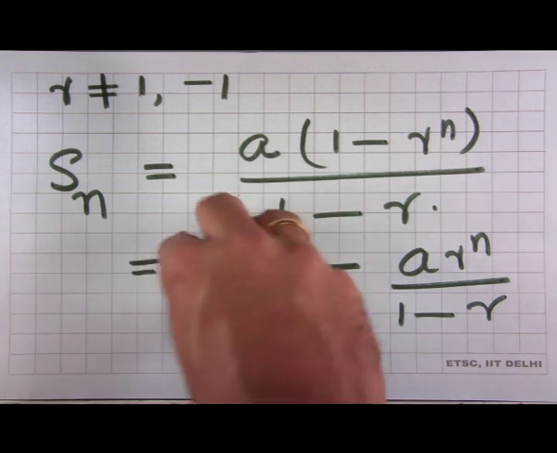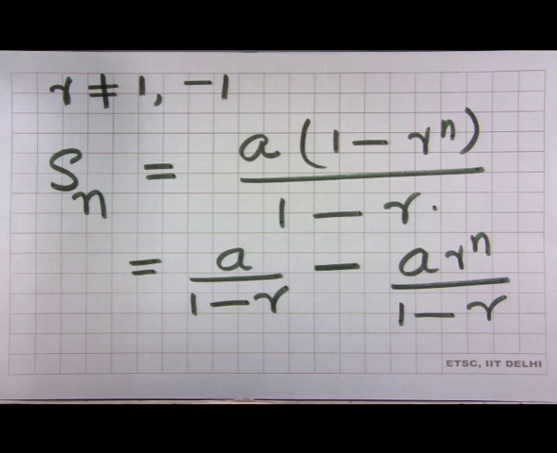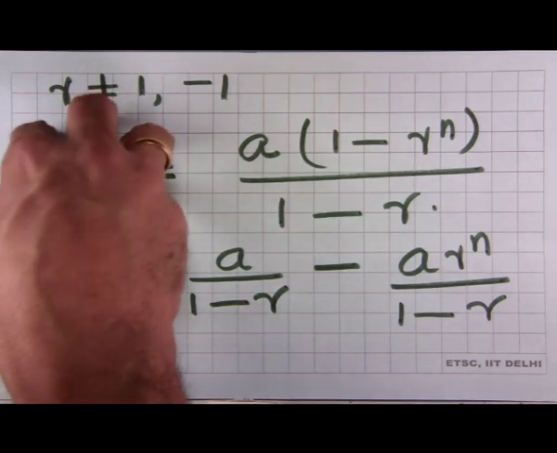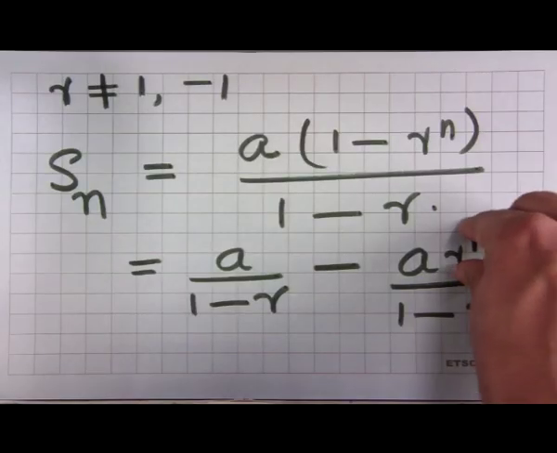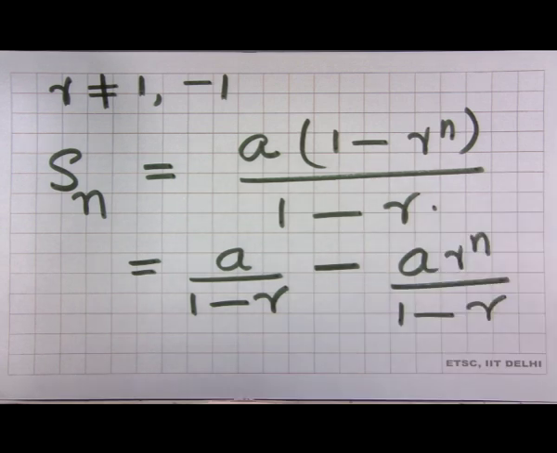Obviously, the first term is independent of n. So, to investigate what happens to Sn as n becomes large enough, it is enough to investigate what happens to the second term as n becomes larger. To be more precise, it is enough to see what happens to r power n as n becomes larger and larger.